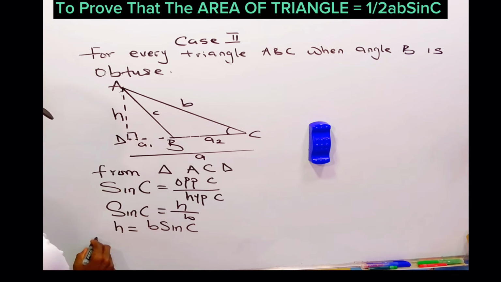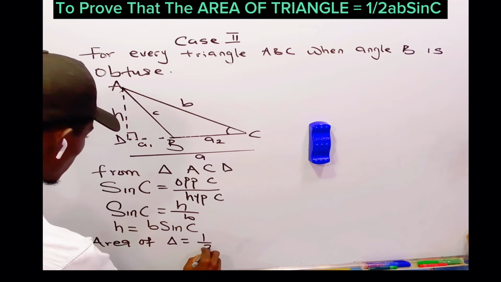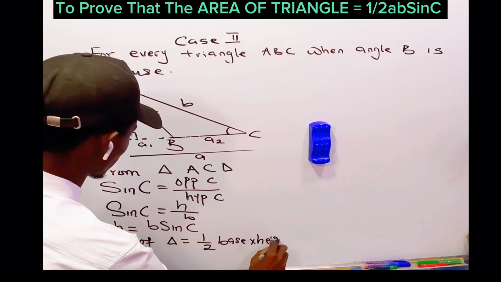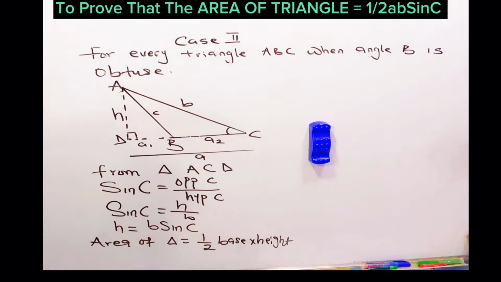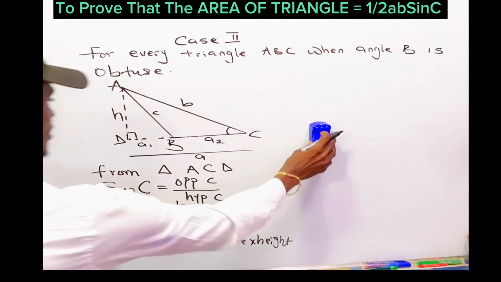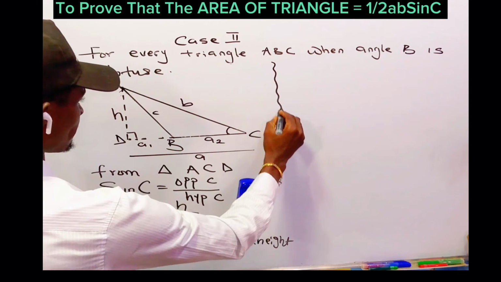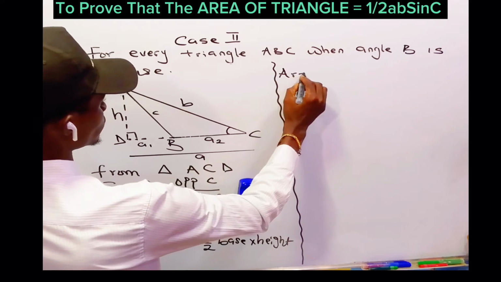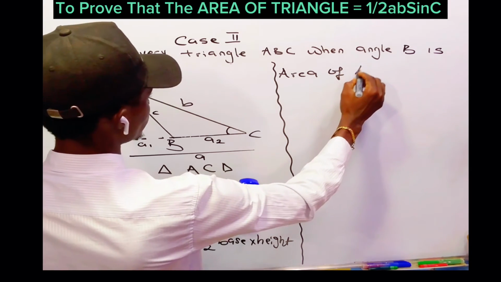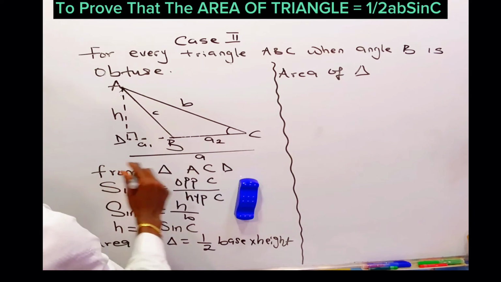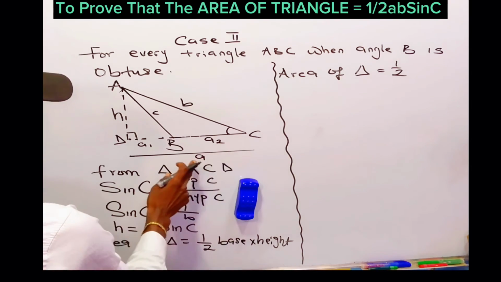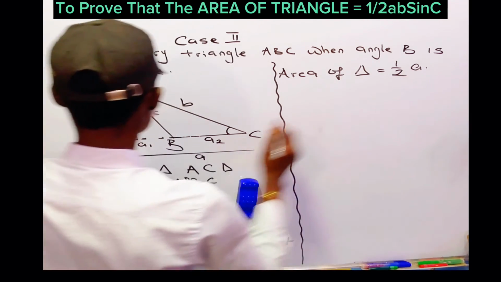Now, recall that area of triangle is half base times height. Therefore, area of this triangle ACD should now be equal to half base. What's the base? DC, which is A, times height. What is the height?